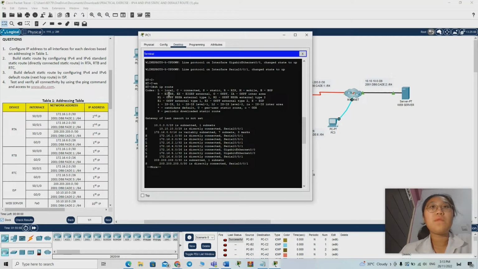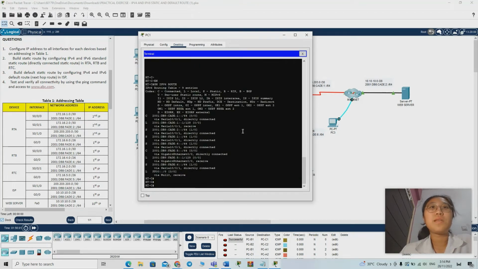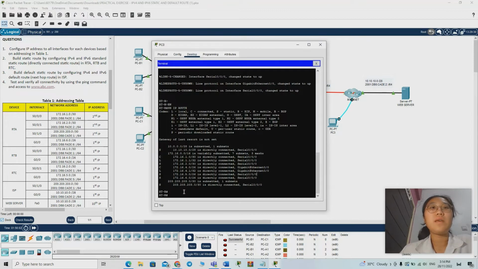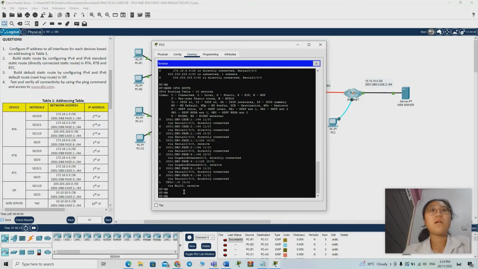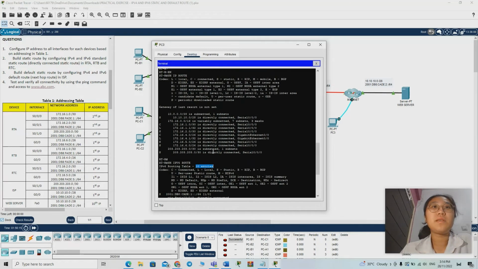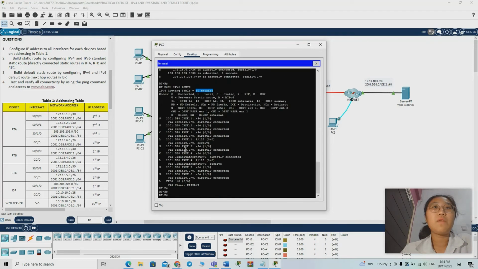And for IPv4, it does not say how many entries, but IPv6 does. Let's see RTB IPv6. 10 entries, that means the same as IPv4. And the IPv6 routes also have 1, 2, 3, 4, 5 static, and 2 connected, and 3 local.